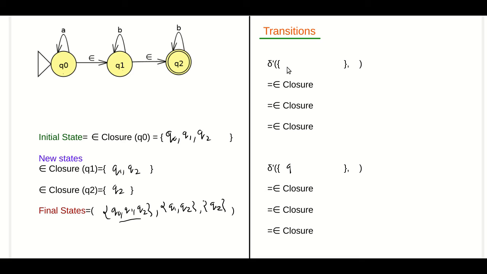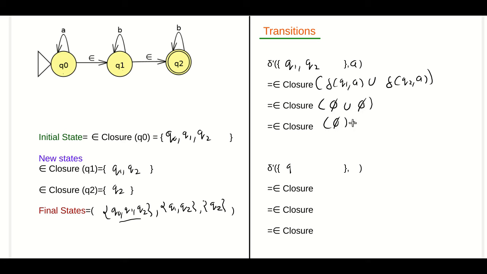Now we take the next state, Q1, Q2, and find the transitions. Delta dash of Q1, Q2 on A is the epsilon closure of delta of Q1 A union delta of Q2 A. Delta of Q1 A is phi, and Q2 A is also phi.